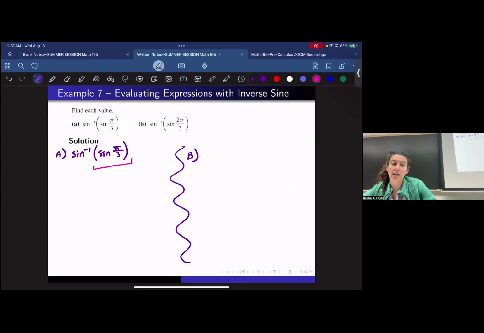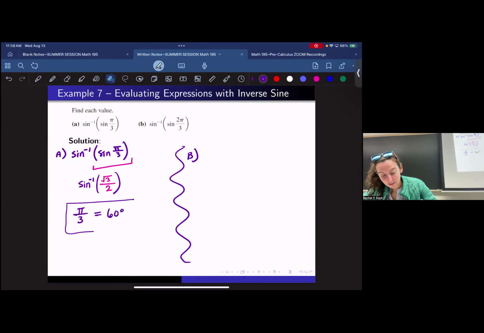What is sine of 60 degrees? Square root of 3 over 2. And then now what's the inverse of that? Sine of what angle gives you square root of 3 over 2? Just π/3, also known as 60 degrees.